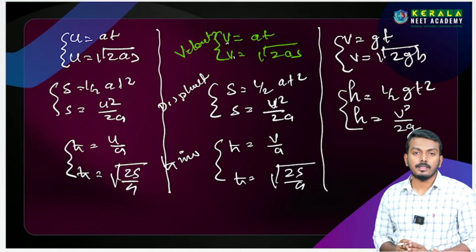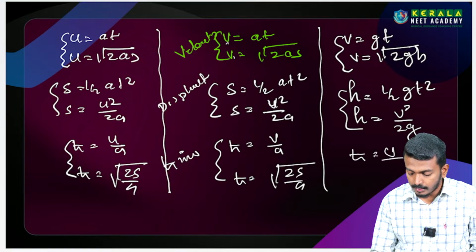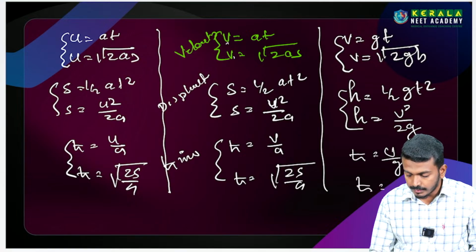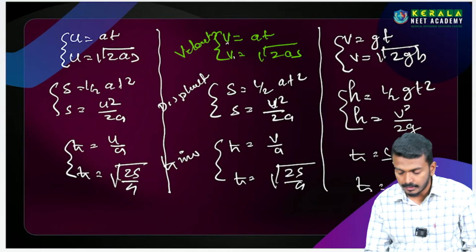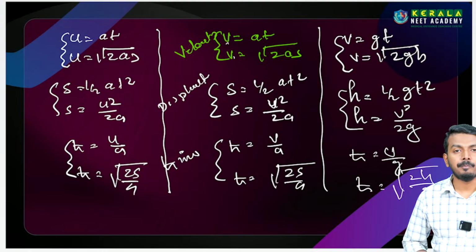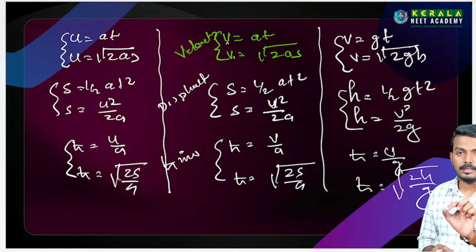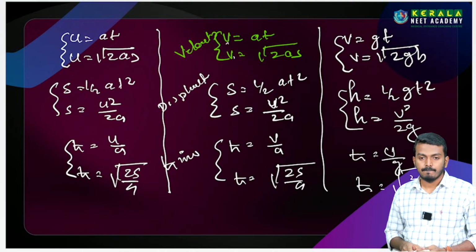Then the last, time pair is also there. t is equal to v by g and t is equal to root of 2h by g. These are the important formulas. You can use them when initial velocity of the body is 0, or final velocity of the body is 0.